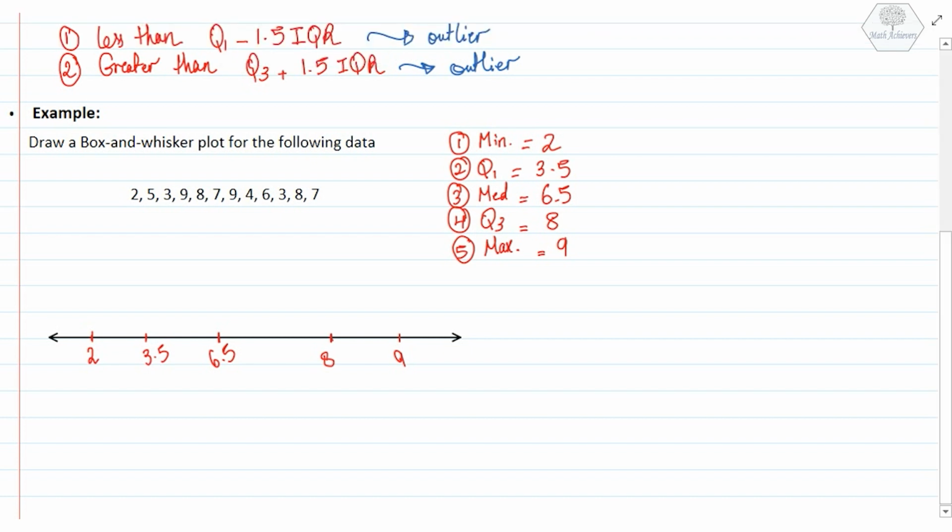So we have this whisker in here. And the box, this is Q1. This is the median. This is Q3. And this is the maximum value. Just join the lines now.